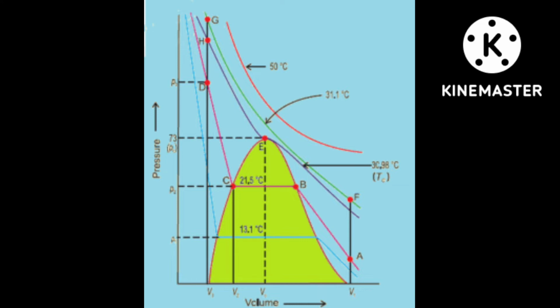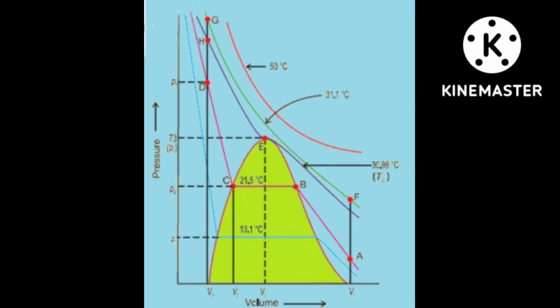At that time pressure was 76 bar. Pressure was high, 76 bar, and as temperature slowly decreased and reached 30.98 degrees Celsius, for the first time it was observed that the gas is converting into liquid.